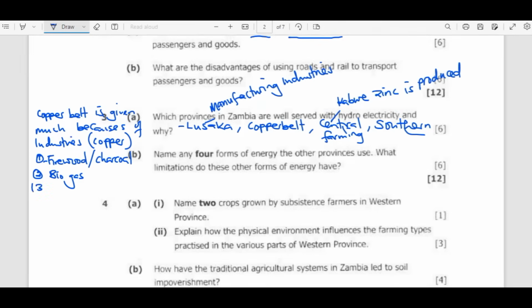And then number 3, solar is another form of energy which is used. So you find that solar energy, even in towns, they use this form of energy. And then number 4, we're looking at wind. So wind is another form of energy, more especially in farm areas, they use this form of energy.